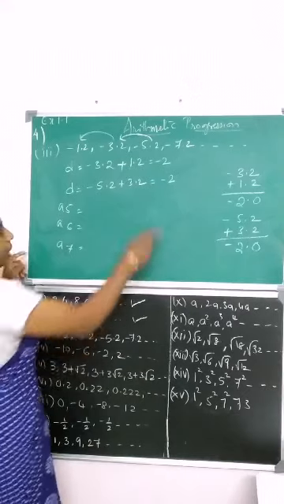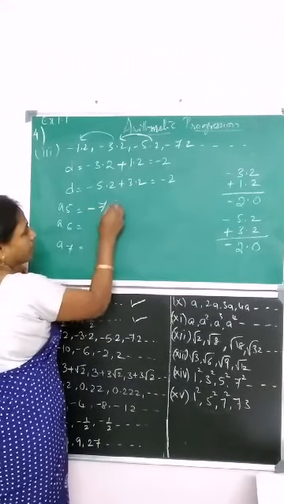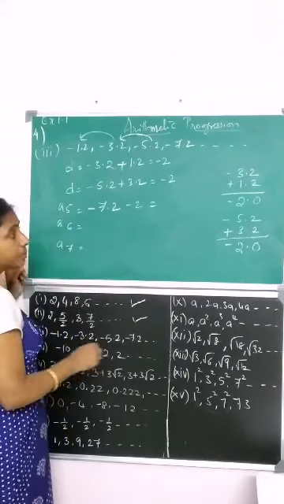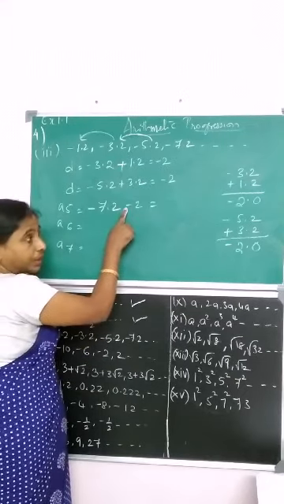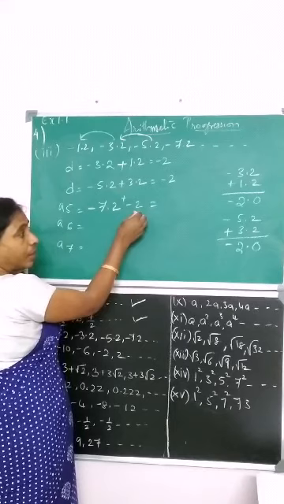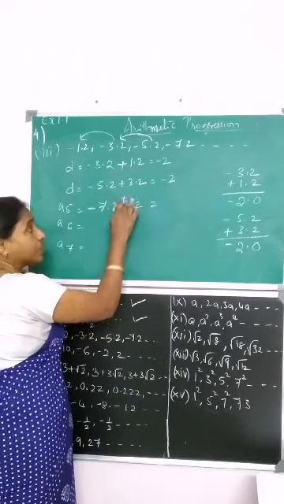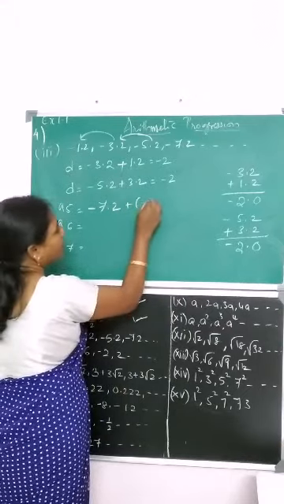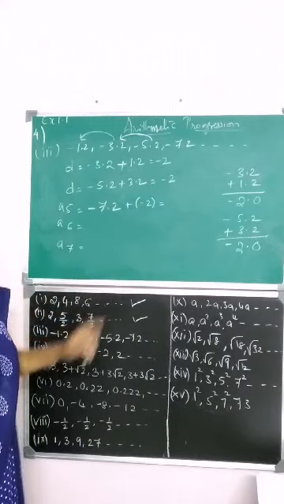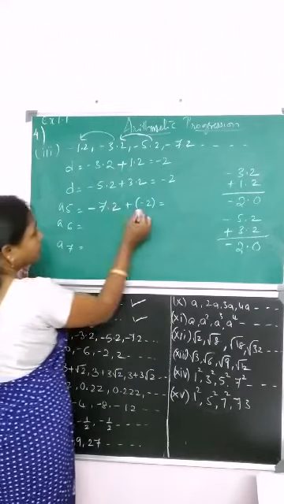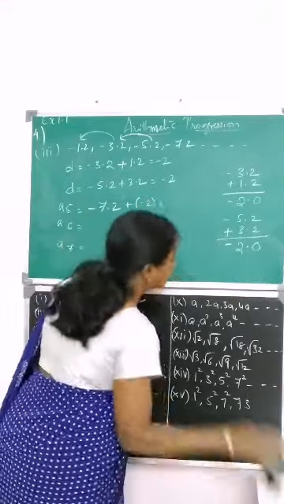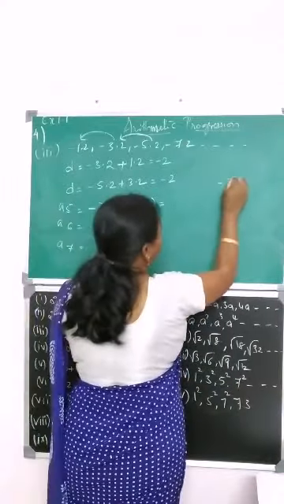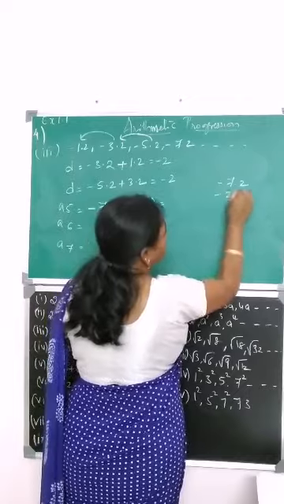To get A5, take A4. What is A4? Minus 7.2. Add the difference to A4. How much does it give? I have taken minus because adding means plus of minus 2. What does add mean? Plus. Since it is plus of minus 2, this is minus. Either you can write it like this or plus of minus 2, both have the minus sign. Therefore, minus 7.2 minus 2.0.